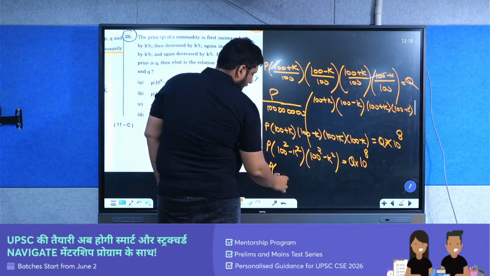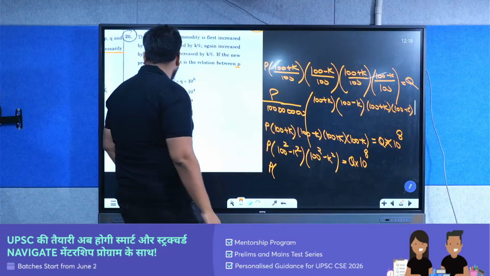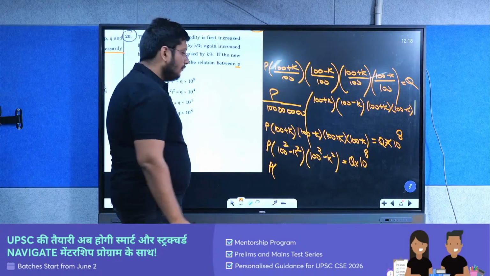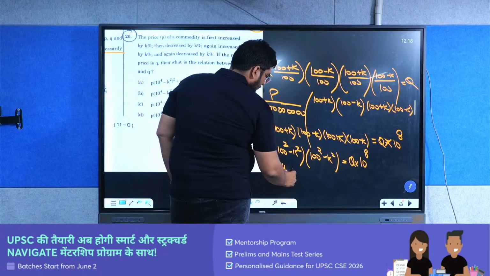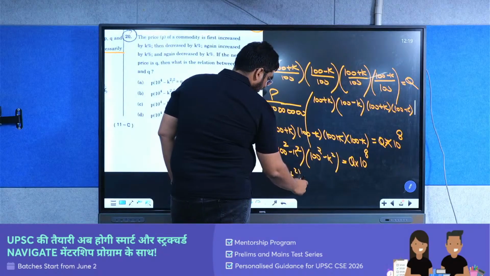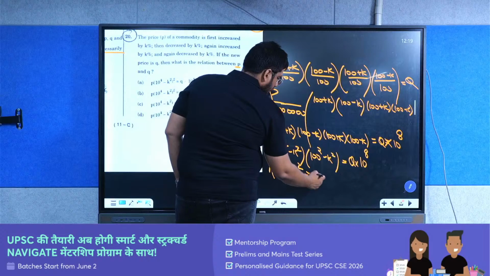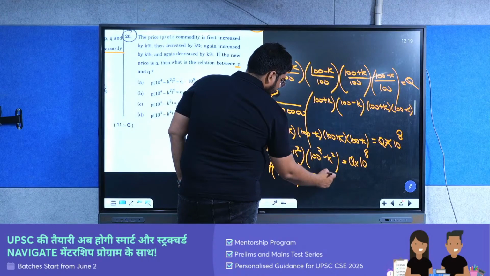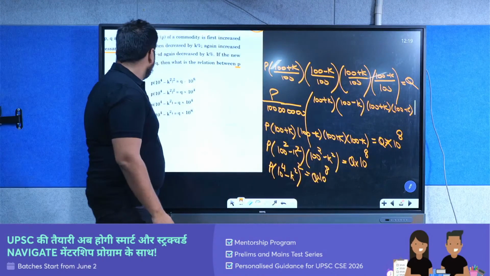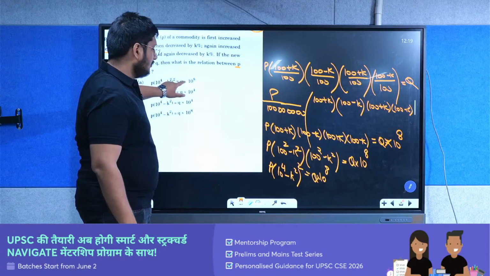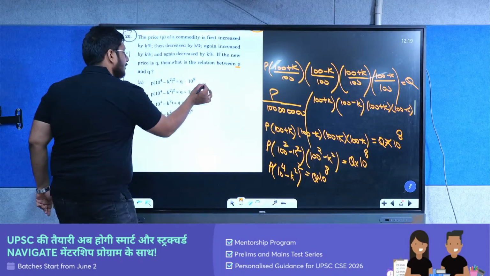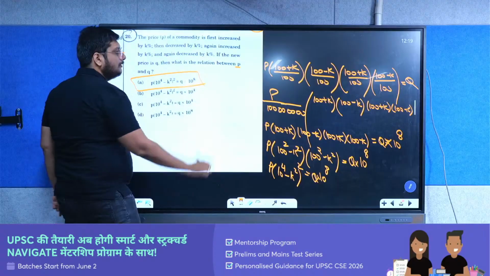I can write this 100 square as 10 to the power 4. P(10 to the power 4 minus K square) whole square is equal to Q into 10 to the power 8. Exactly what we have found.